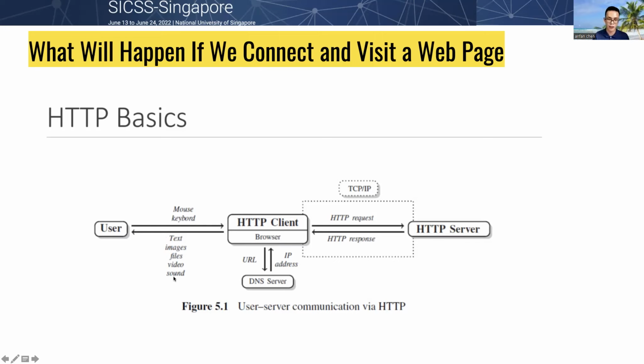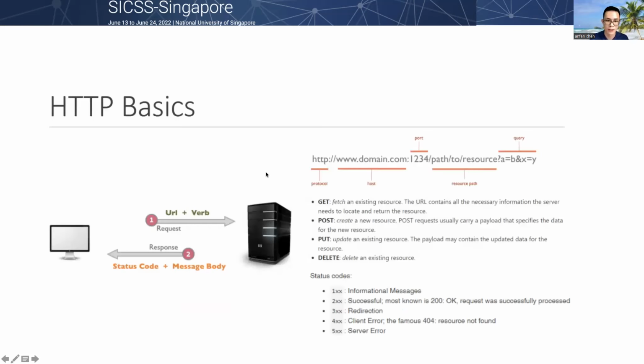That is the process of connecting to a web page. During this process, you get many response codes, such as 404, which means a client error, so you cannot load the page, but if 200 appears, it means success.